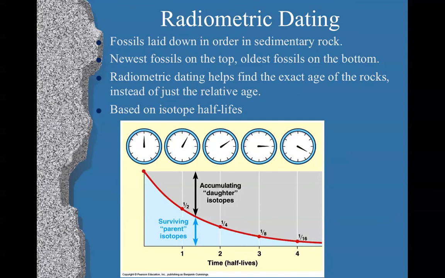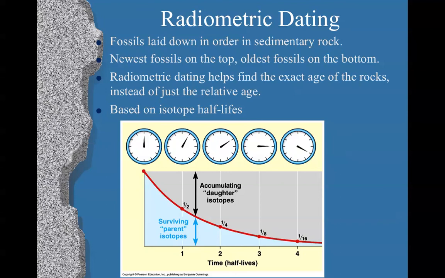All right, so the way that we know how old all of this fossil evidence is, for example, when we're talking about the stromatolites, the first bacteria fossils, is through radiometric dating. And the basic way that this works is that all elements have different isotopes, which means that there's a different amount of neutrons in their nucleus, which makes some of the isotopes heavier or lighter compared to other ones.